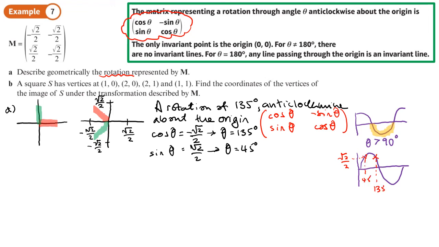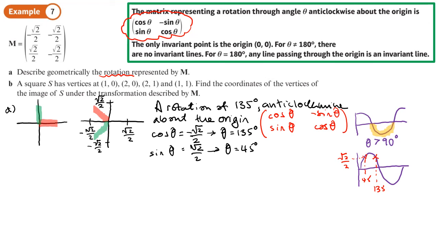So if we get two different answers, use a graph of cos and sine to help you decide which one it's going to be. And because cos theta is negative, the angle theta has to be bigger than 90 degrees. That's why we settle on the fact that this is a rotation of 135 degrees.